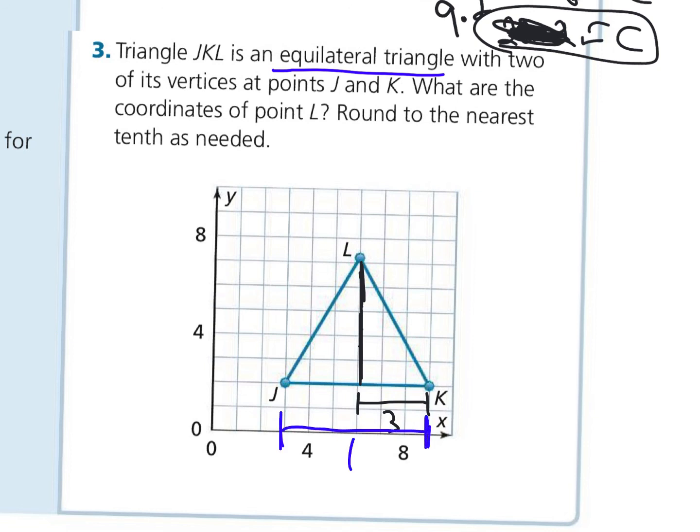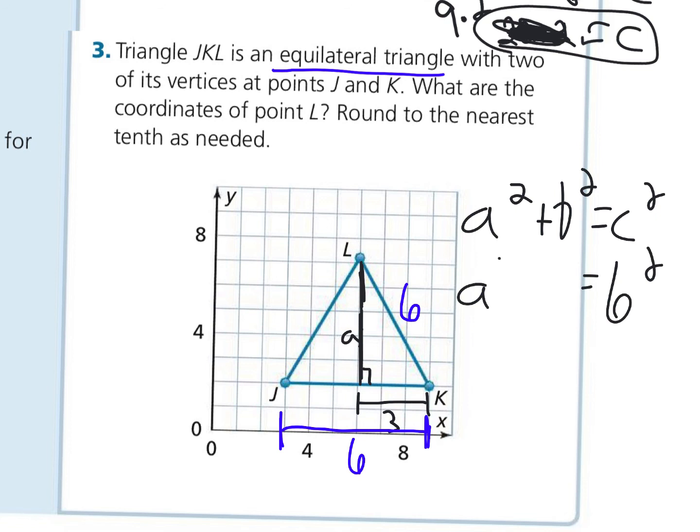So this bottom side has a length of 6, and the other sides actually have lengths of 6 also. So that's how we know this side from L to K has a distance of 6. And then what we're trying to do is find this distance of this leg of the triangle. So 6 would be our hypotenuse.